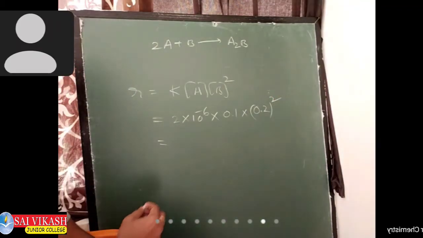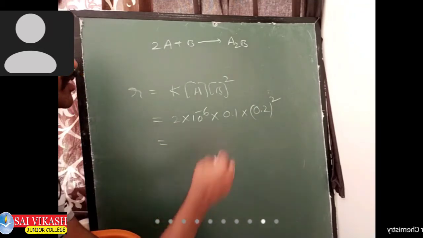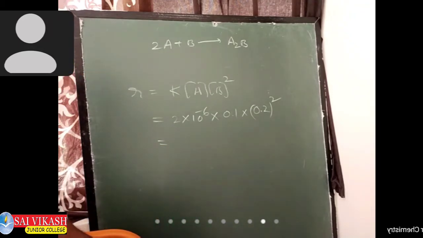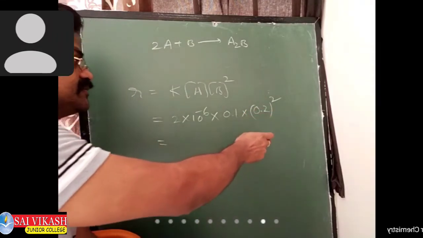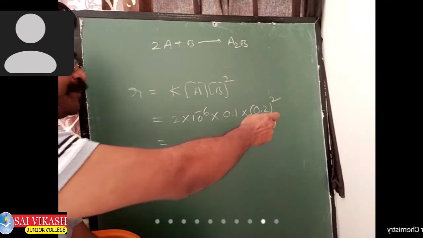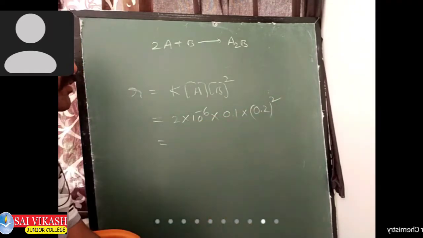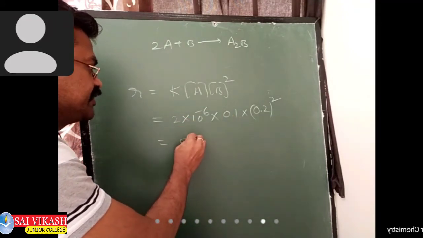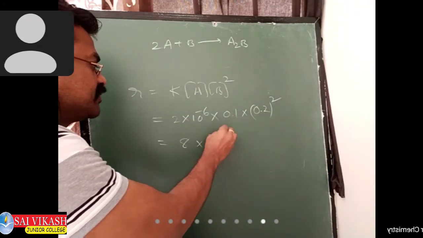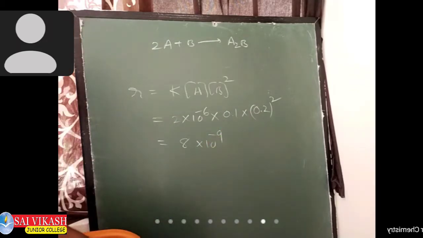So how much will this come? 0.2 whole square, we can write as 4 into 10 power minus 2. 2 square is 4, 4 into 10 power minus 2 and minus 3. 4 2s are 8, so 8 into 10 power minus 9 should come. 8 into 10 power minus 9 is your answer.